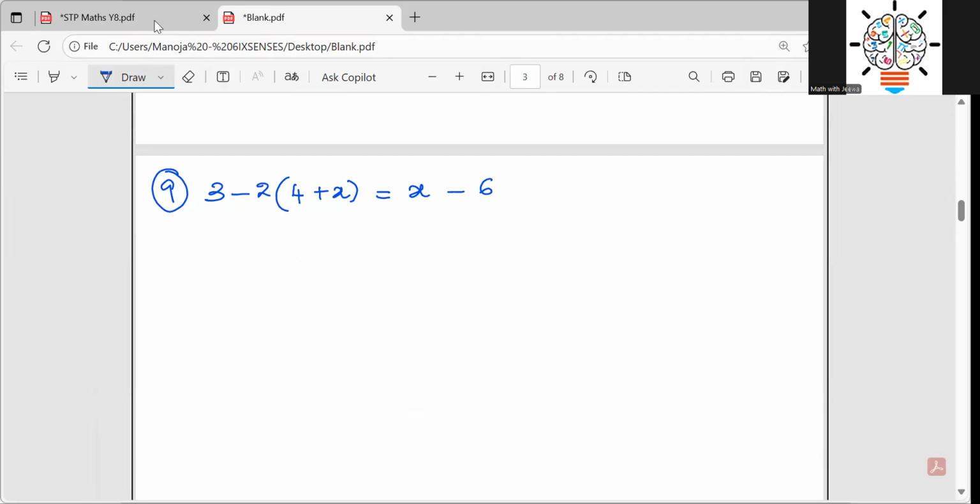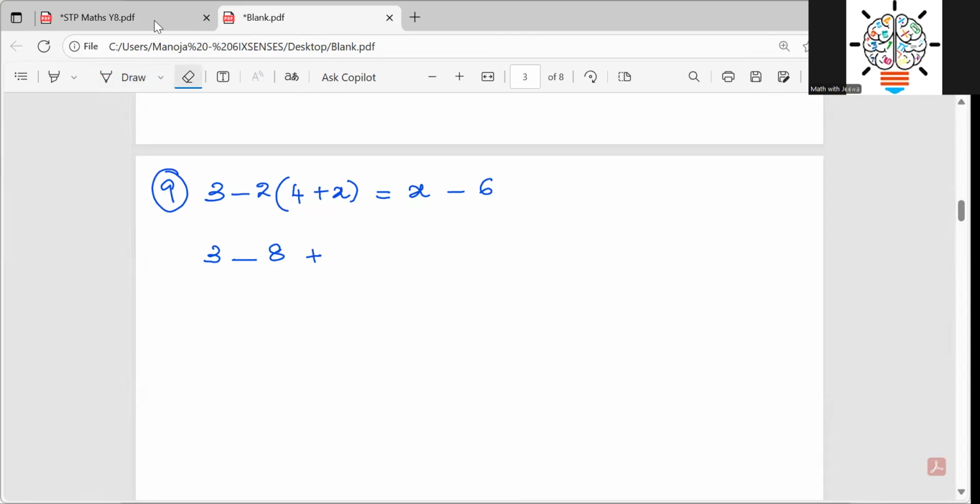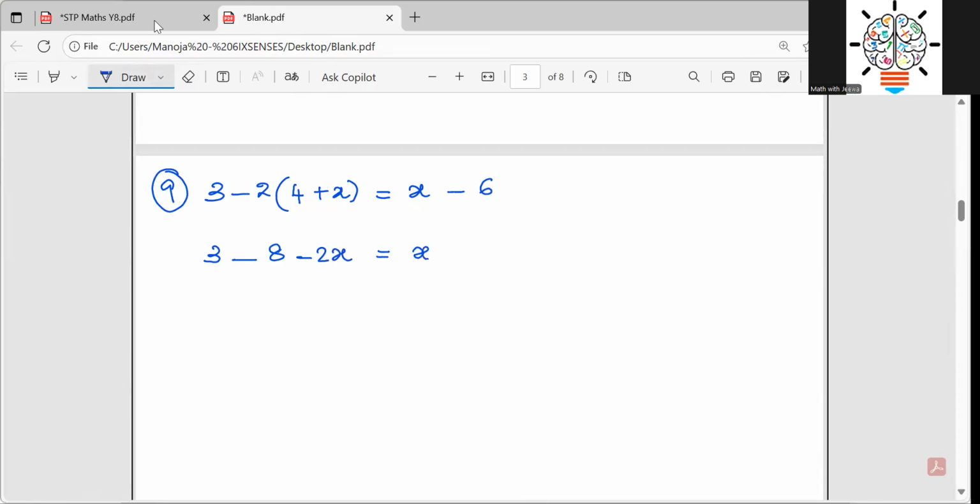Okay. Then 3 minus 8. First you want to solve the bracket. So you have minus 2 times 4, minus 8. Minus 2 times x. Sorry, it should be minus 2x. Minus 2x equal to x minus 6. Then you do the same thing. You keep minus 2x and you bring that x to this side, negative x, and you have negative 6 here, and 3 you bring to the other side, negative 3, and negative 8 you bring to the other side, that becomes positive 8.